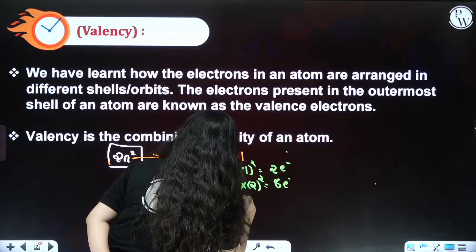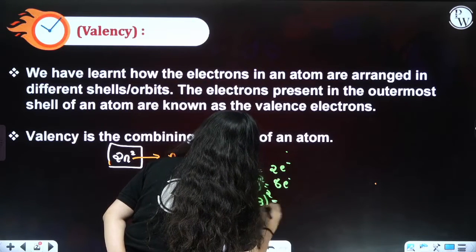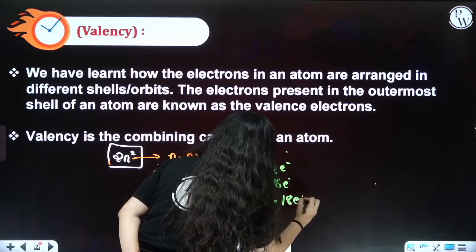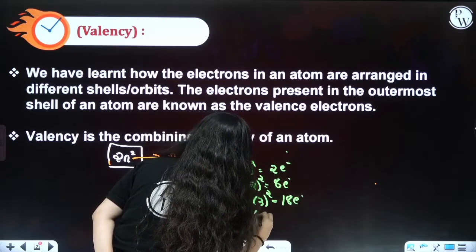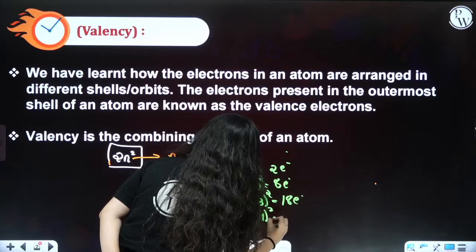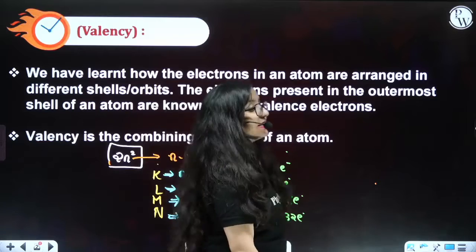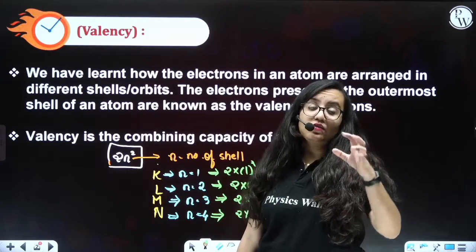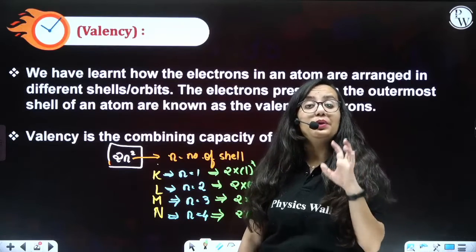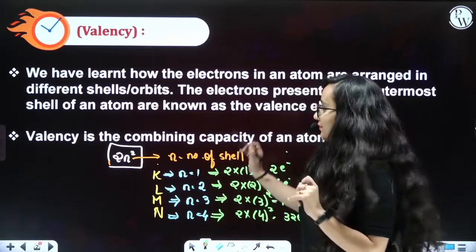For M, 2 into 3 square, that is 9, 9 2s are 18 electrons. And for N, 2 into 4 square, that is 16, 16 2s are 32. So that's how we can say the number of electrons which could be accommodated in a particular shell. Right? Clear till here?